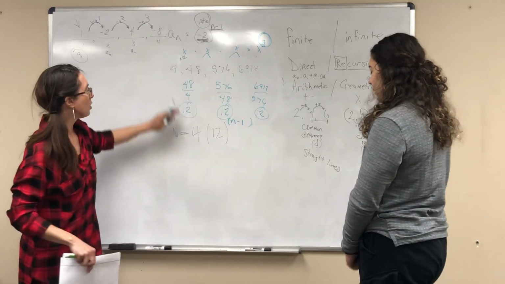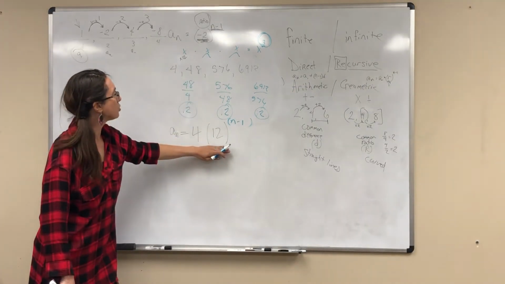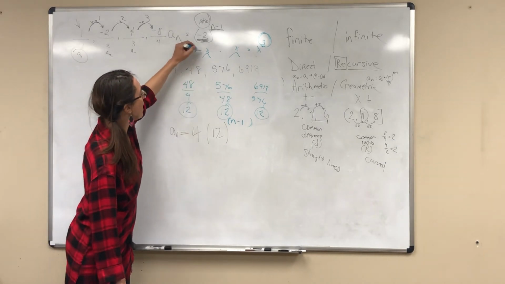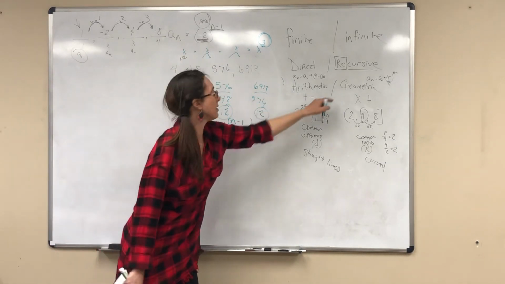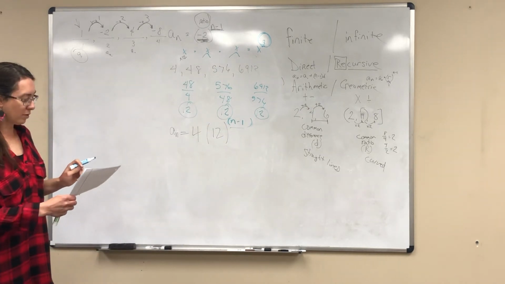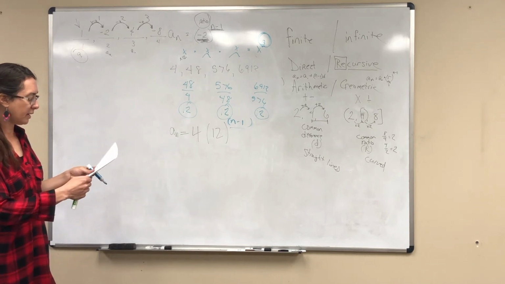So perfect. We're starting at 4. Good job. We're jumping 12 each time. We are multiplying our jumps because this is a geometric sequence, so n minus 1 is the exponent of the 12.